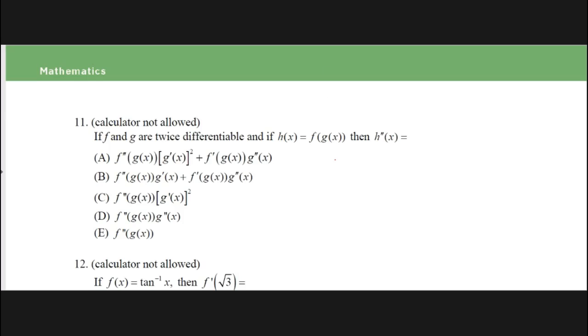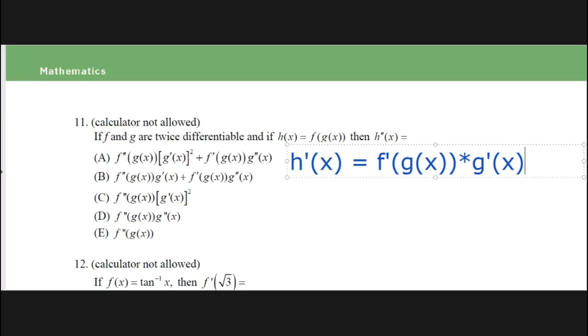Okay, so I would start with my first derivative. So h prime of x is equal to the outside, so f prime, times derivative of the inside. So the first derivative is f prime g of x times g prime x.